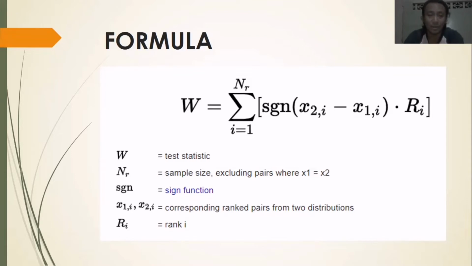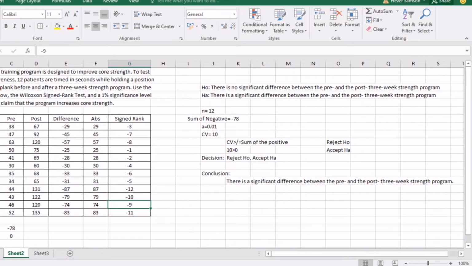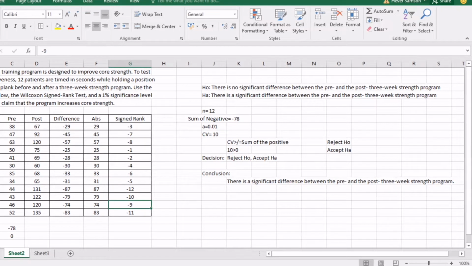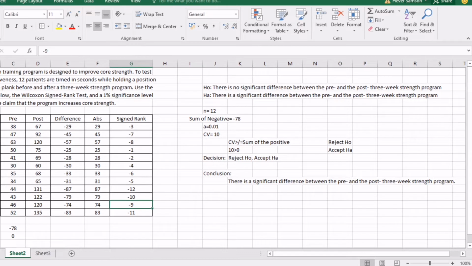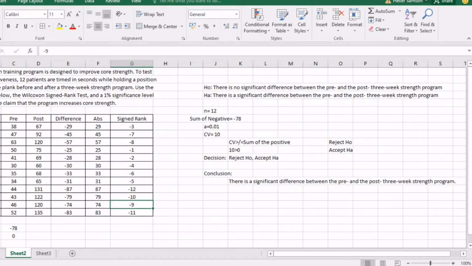Now, let's have some examples. Example number 1: A strength training program is designed to improve core strength. To test its effectiveness, 12 patients are timed in seconds while holding a position called a plank before and after a 3-week strength program.